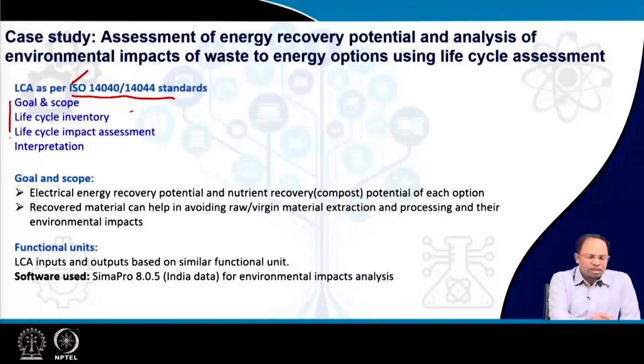Now LCA has different steps. The 4 steps are, first, goal and scope. Defining the goal and scope means what I am dealing with, what analysis I am going to do, for whom I am going to do it, and so on. And also what things I am going to analyze, what my system boundaries are, that means what I should consider and what I should not consider, which processes I should consider.